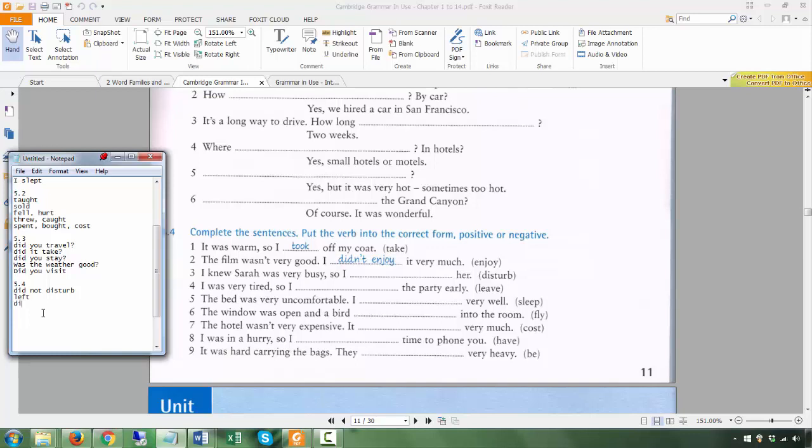If it's uncomfortable, I did not sleep well. The window was open and a bird flew into the room. The hotel wasn't very expensive. It did not cost much. I was in a hurry, so I did not have time to phone you. It was hard carrying the bags. They were, be verb, past simple, were very heavy.